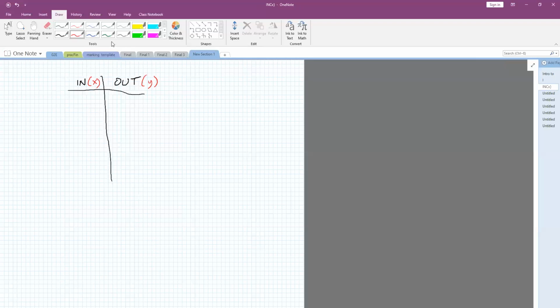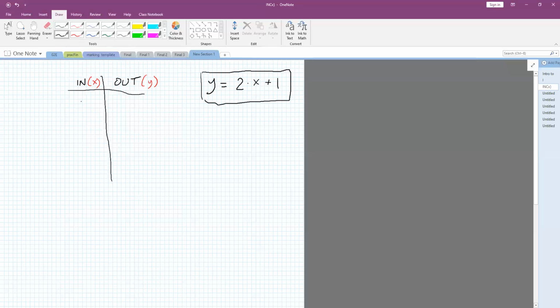Now, if I have, for example, the rule is like this. Y equal to, for example, 2 times x and then plus 1. So this is the rule here. Y is 2x plus 1. Okay.